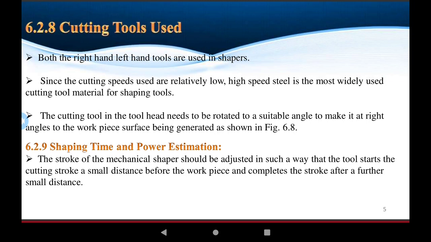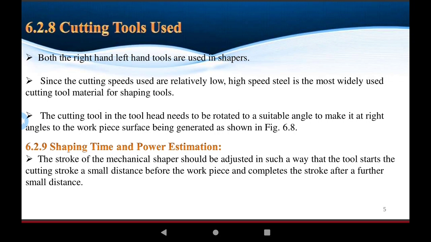The tools perform right to left motions, and the tool is also set according to the angles needed for the job. Some of these points are discussed for the machines. The cutting tool moves over the workpiece, with a small distance at the start.